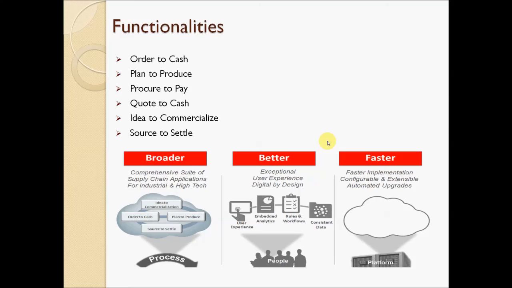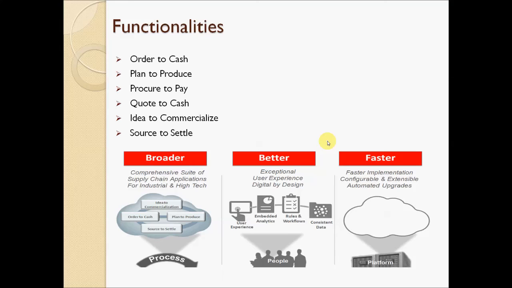Now let me go through some of the key functionalities which are available in the SCM cloud. If you look at all these functionalities like order to cash, plan to produce, procure to pay, quote to cash, idea to commercialize, and source to settle, these functionalities are already available in the on-premise ERP system, and Oracle did not just put these functionalities in the cloud.